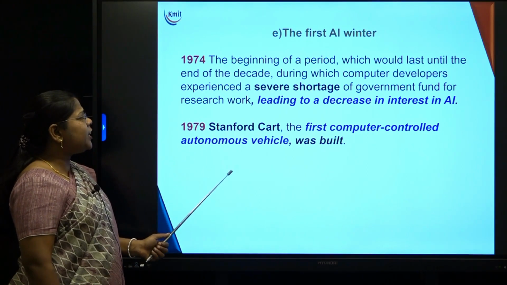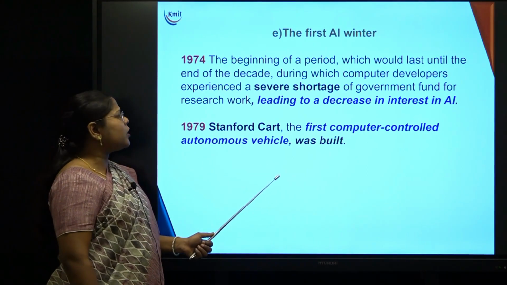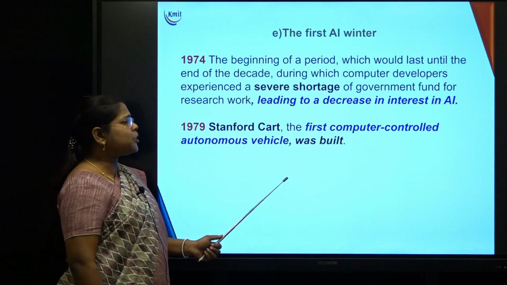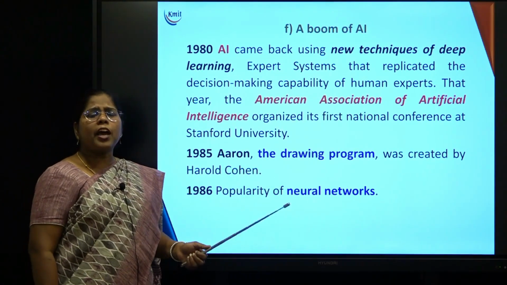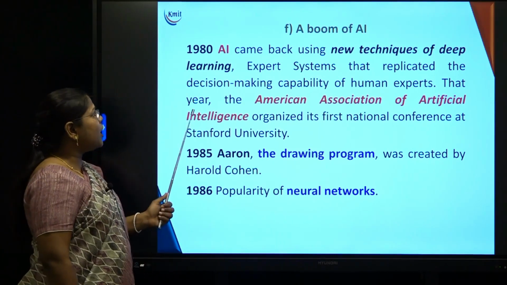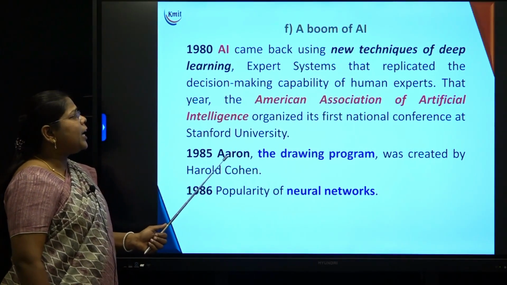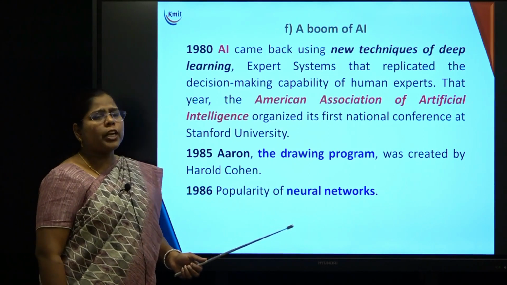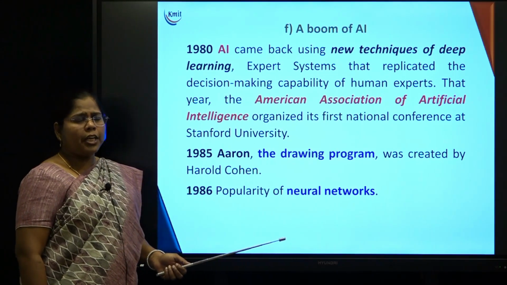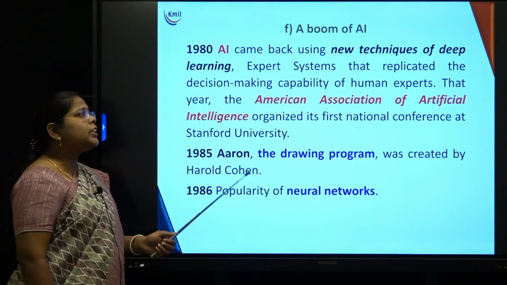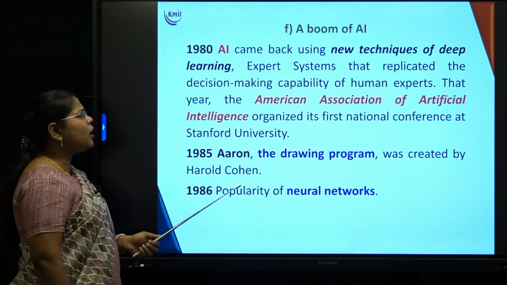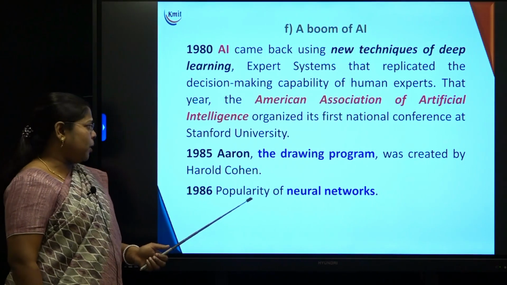In 1979, the first computer-controlled autonomous vehicle was built, so that again the boom of AI began. In 1980, AI created new techniques with new deep learning algorithms, so that it replicated human behavior and solved many problems.